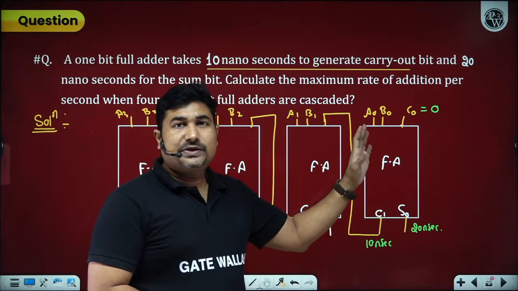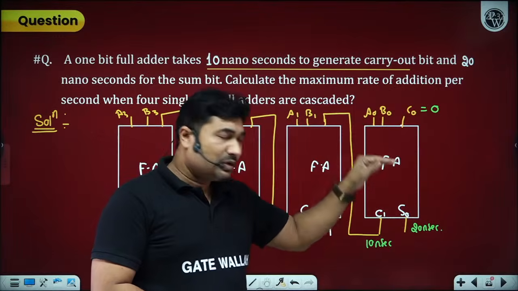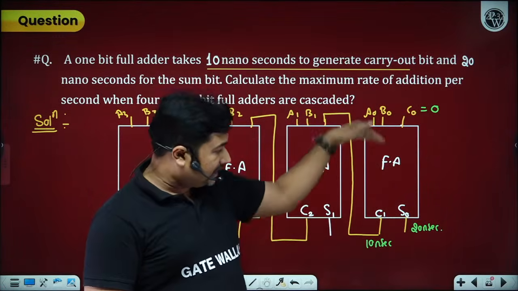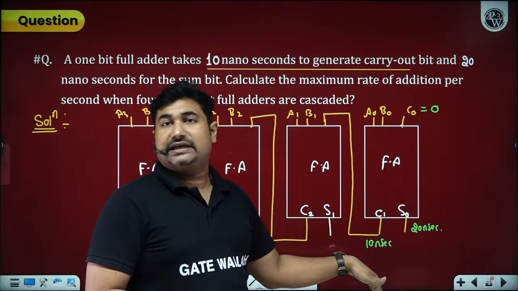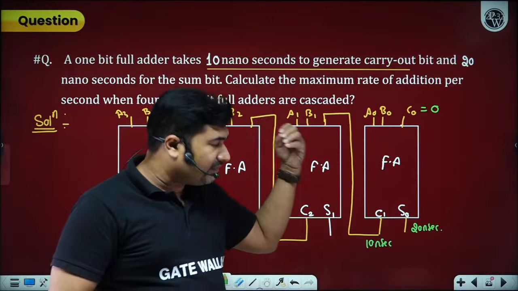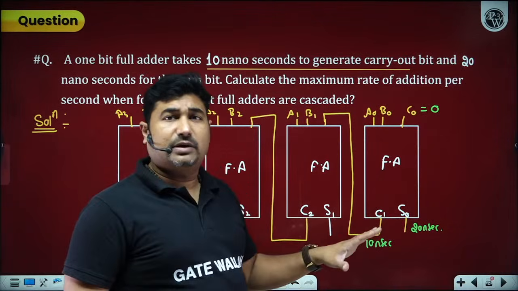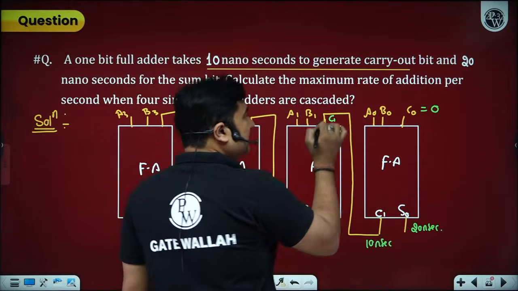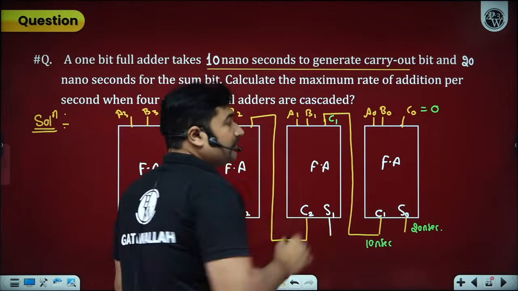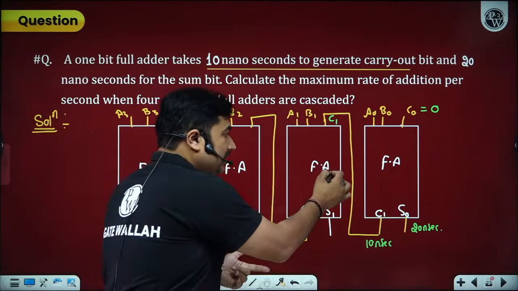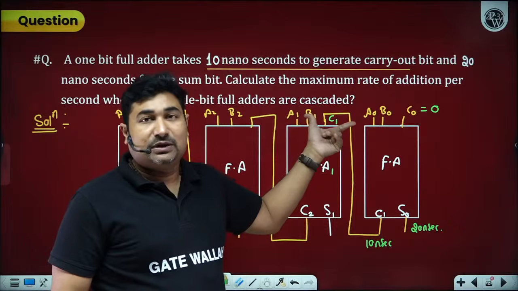For A0, B0, it would take 20 nanoseconds to generate the sum bit and 10 nanoseconds to generate the carry out bit. So after 10 nanoseconds, irrespective of whether S0 is generated or not, the input C1 is available. So the data into full adder 1 is valid after 10 nanoseconds.